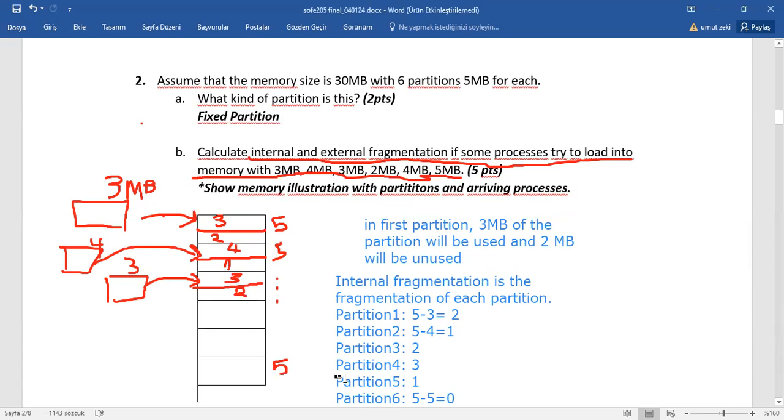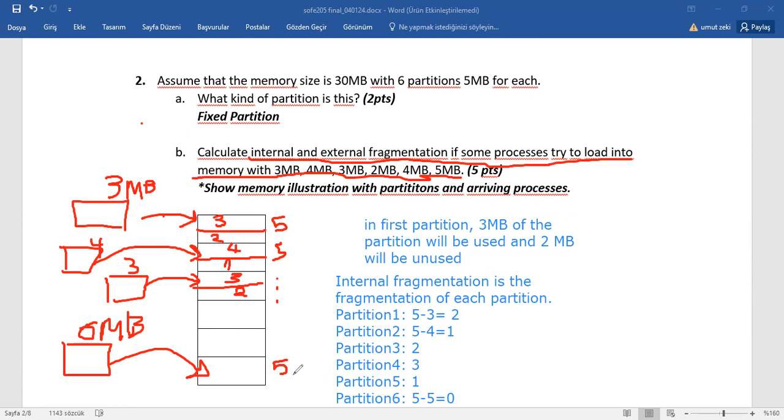So the next question is saying: what happens if the last coming process is not 5 megabytes, it is 6 megabytes? It was 5 megabytes before. What will happen if it is 6 megabytes and tries to enter the 5 megabyte partition?